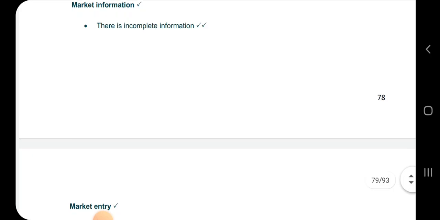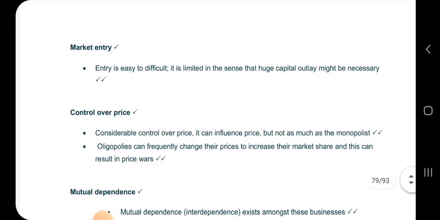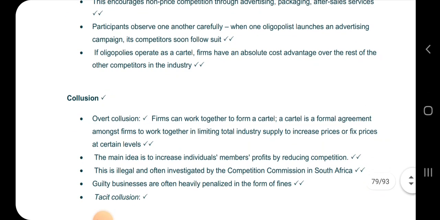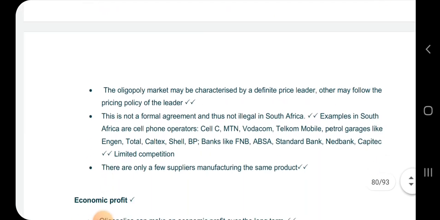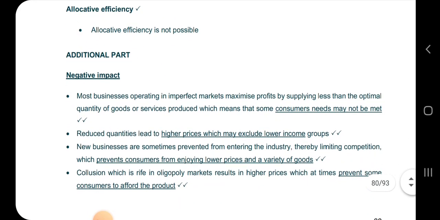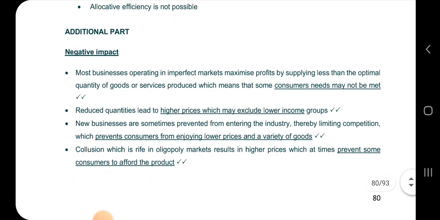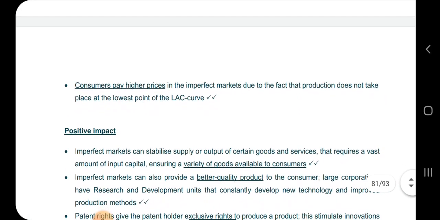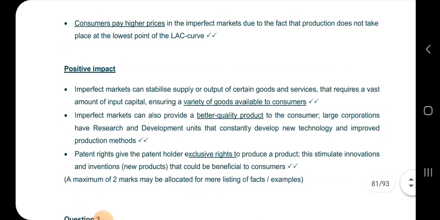This is how you can write your essay. You see, this is the negative impact. This is how you do it, a negative or a positive impact. You can choose whether you say it impacts them positively or negatively.